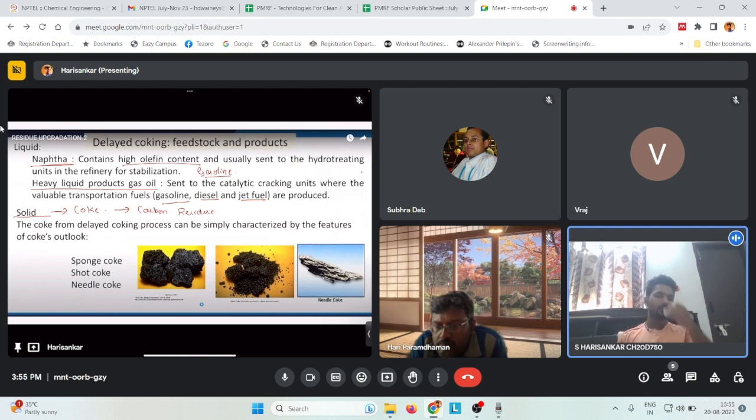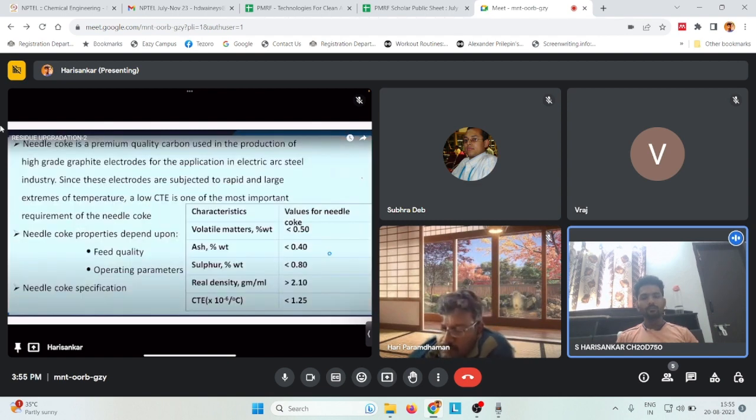Based on their characteristics and appearance, there are three different kinds of coke. The first one is the sponge coke, which is shown here. Then we have shot coke, and then needle coke. Out of these three, needle coke is the coke of the highest quality.